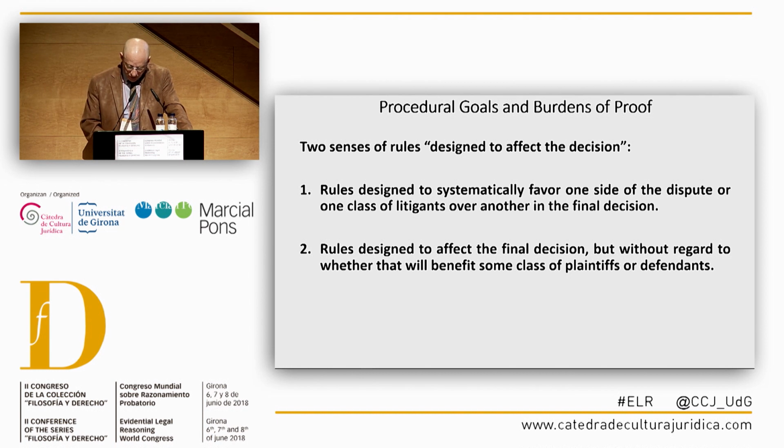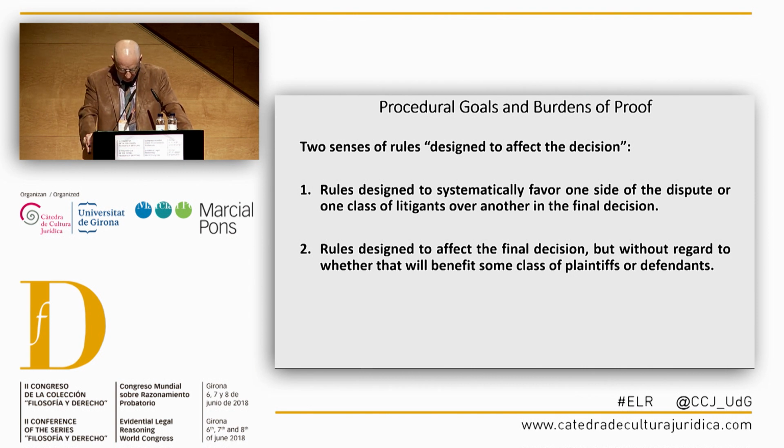What the opinions mean when they refer to proof rules or other kinds of rules that affect the decision is rules that affect the decision in a certain way, in the manner described in type 1 rules, by intentionally favoring one class of litigants over their opponents, rules specifying or altering the law's preference for one such class over another. Most American commentators in the conflict of law field neglect the importance of type 2 burden of proof rules.